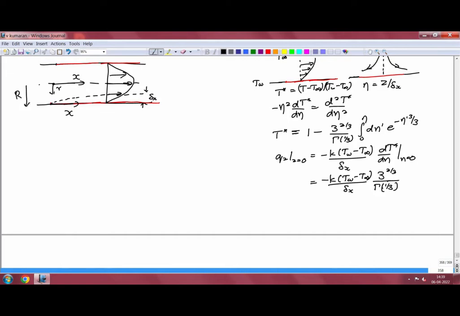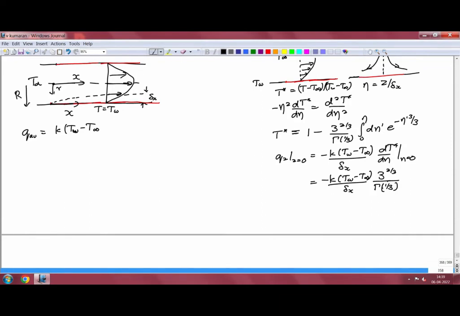For a flat plate, we already have the correlation for the heat transfer. If you recall, for a flat plate, the heat transfer correlation was q average is equal to k into Tw minus T infinity, where Tw is the wall of the pipe and T infinity is the temperature in the fluid far from the surface. When I say far from the surface, I mean that the distance from the surface is much larger than the boundary layer thickness, which is the same as the temperature at the entrance.